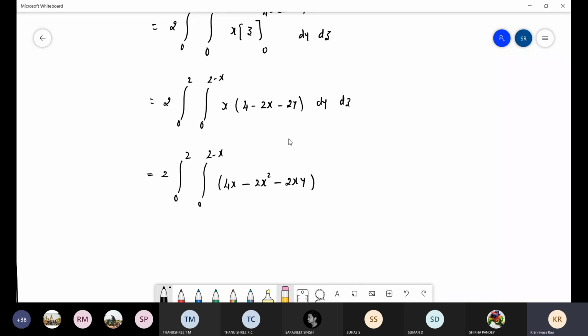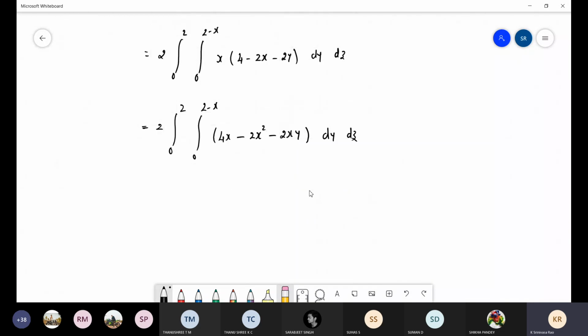It is a little bit complicated term, so let it be; we will finish it. Integrate with respect to y now. So this gives 2 times the integration from 0 to 2 of: first term 4xy, minus second term 2x square y, and third term minus 2xy square by 2.